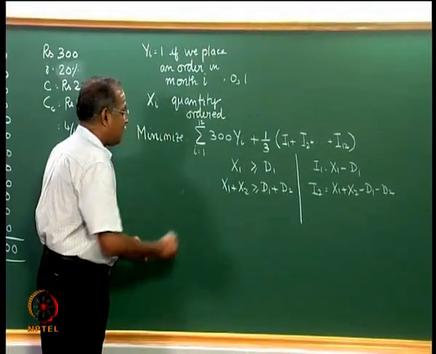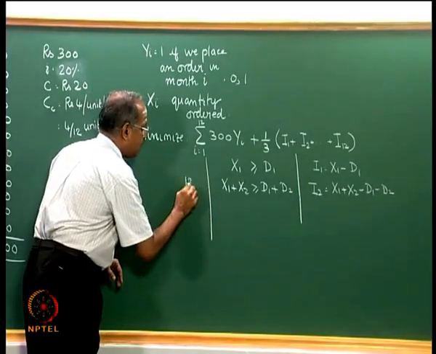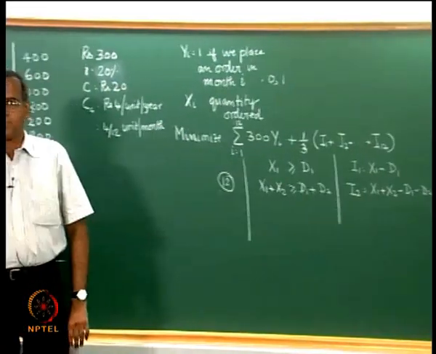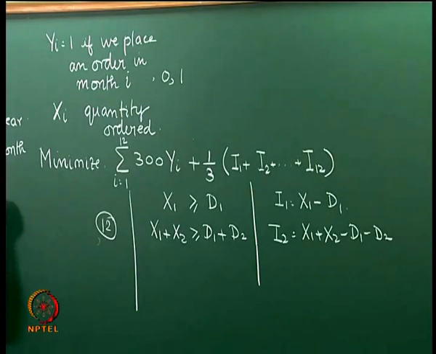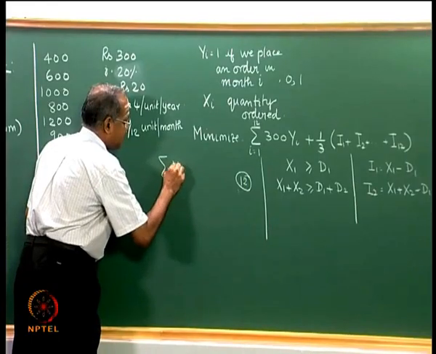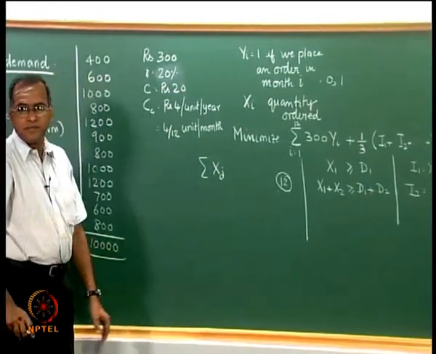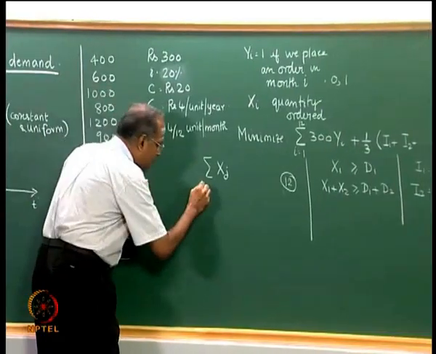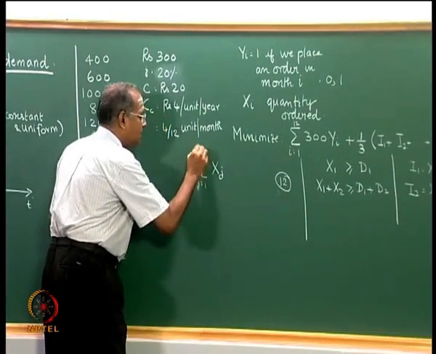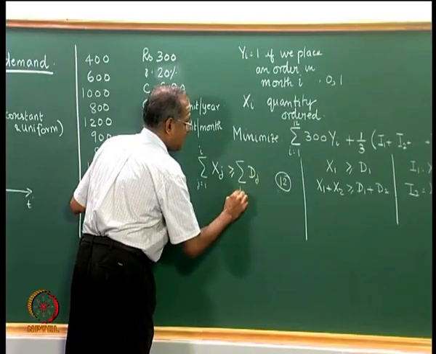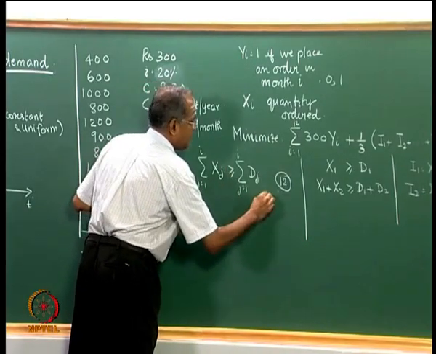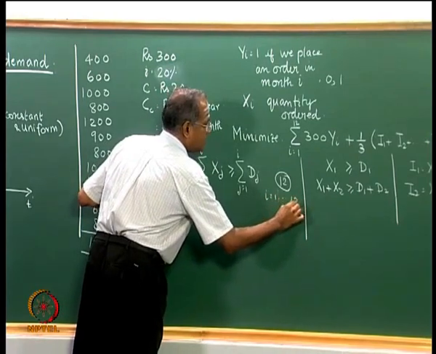So like this we have 12 constraints for the 12 time periods. This can also be generalized and written in a single constraint, which is of the form sigma xj, j equal to 1 to i, is greater than or equal to sigma dj, j equal to 1 to i, for i equal to 1 to 12.